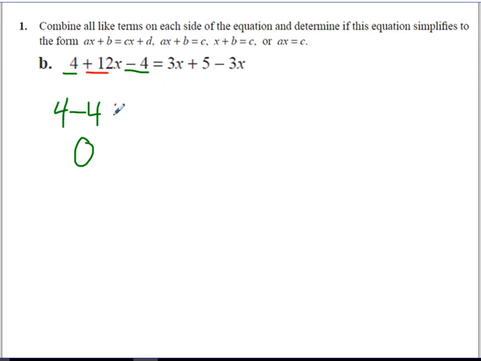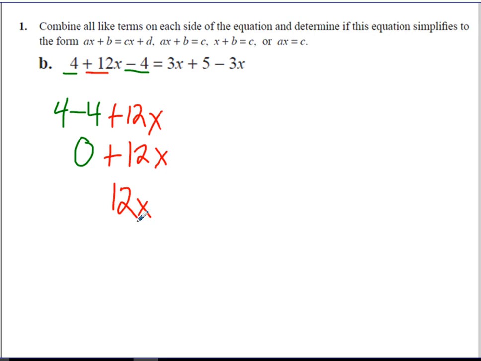There's nothing else to change it, so we'll keep our plus 12x. Now, if you notice, here we have 0 plus 12x. And so in this case, we don't have to write our 0. That can drop off, and we're having a positive 12x remaining, which we don't need to write a positive sign.